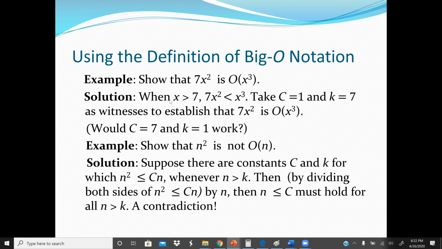So here we can say that when s is greater than 7, we get 7s squared will be less than s cubed. Because if s is greater than 7, let's say we have 8 here, 8 cubed will be greater than 7 times 8 squared. But when s is 7, you see we get 7 squared times 7, which is the same as 7 cubed.